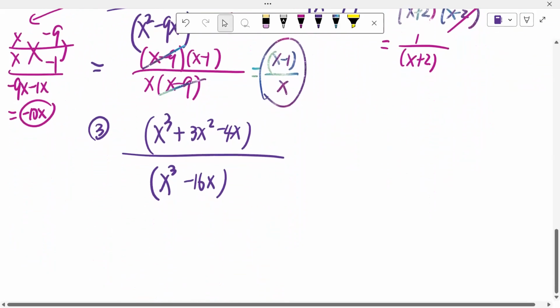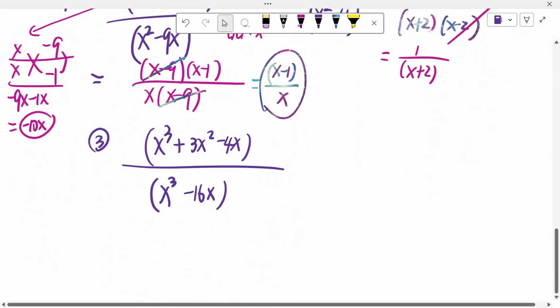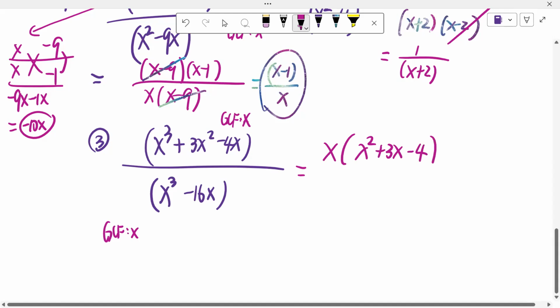Question 3, you factor by GCF first. Top GCF is x. Bottom GCF is also x. So factor the GCF out first. Factor out x, and you get x squared plus 3x minus 4 remaining inside the parentheses.